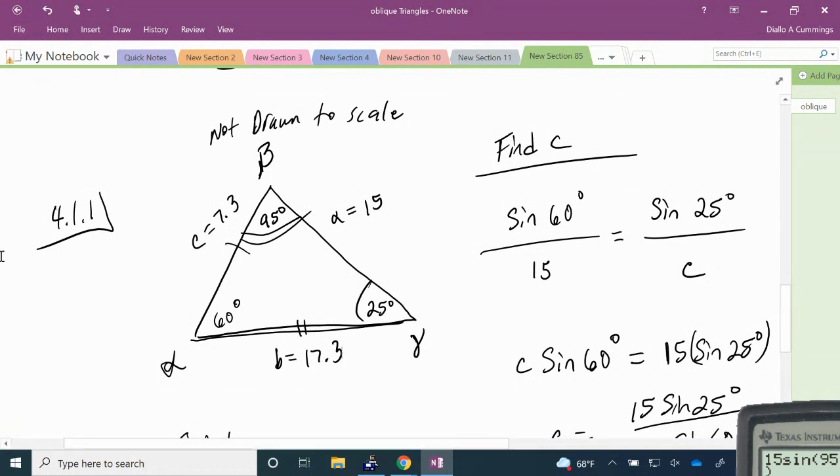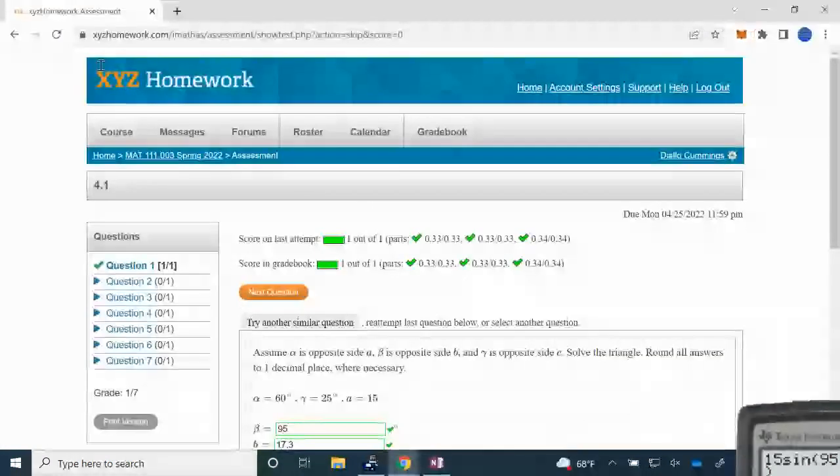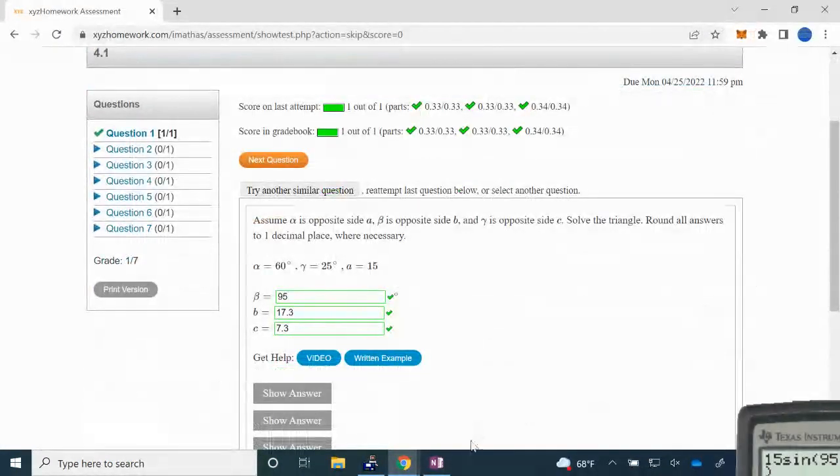So entering those values in, we have beta is 95, side length B is 17.3, and side length C is 7.3.